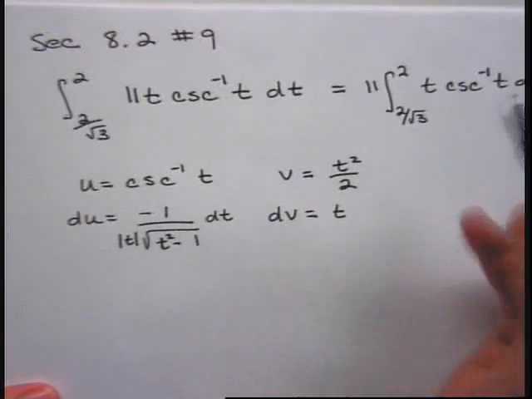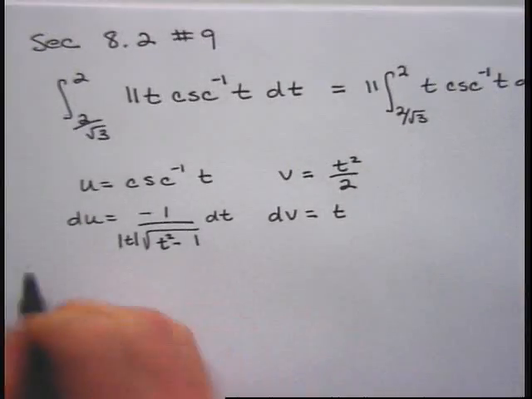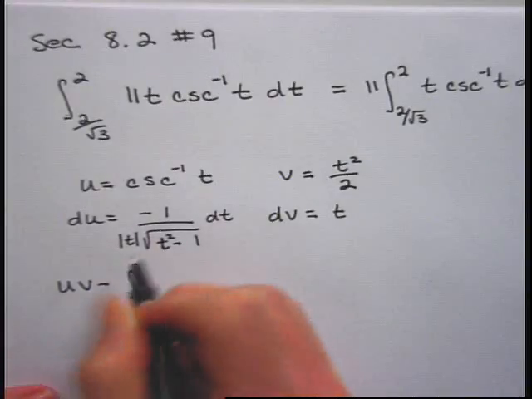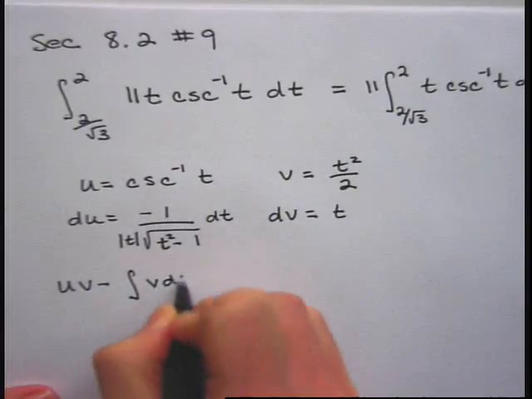Now, remember the formula is uv minus the integral of v du.